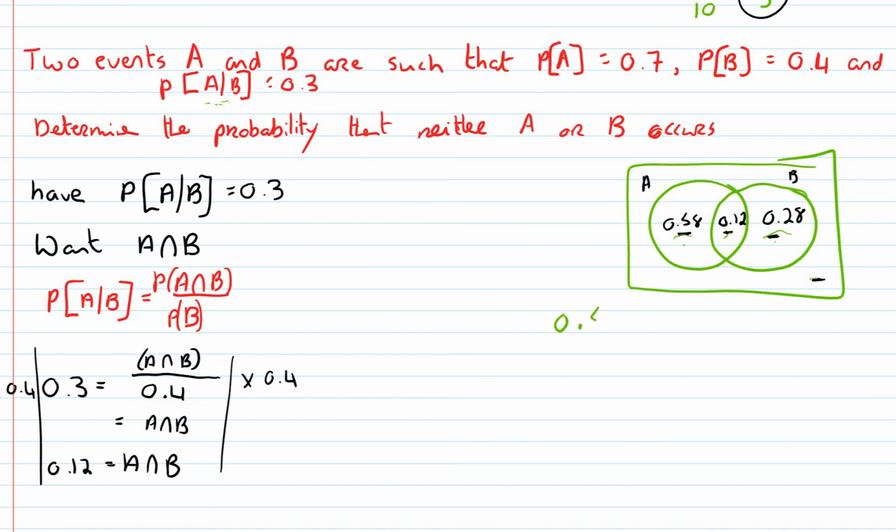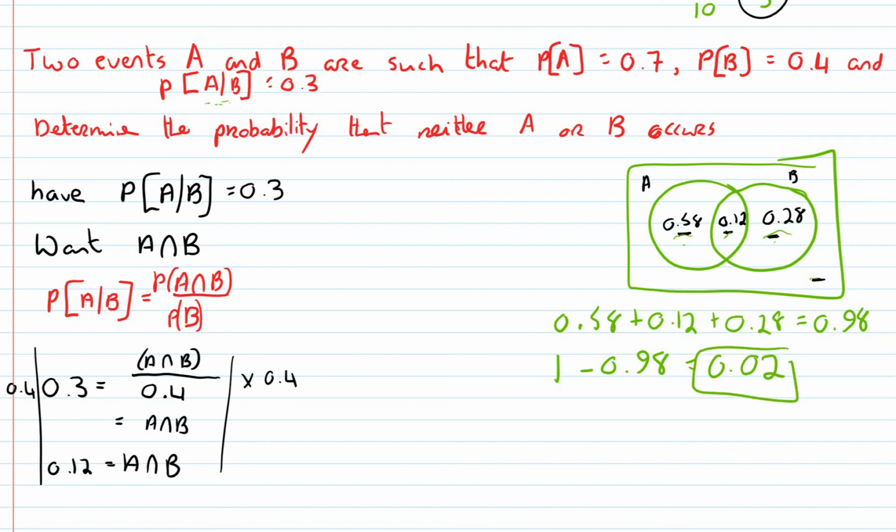So 0.58 plus 0.12 plus 0.28 equals 0.98. So it's almost 1. So 1 minus 0.98 equals 0.02. They don't tell us what event it is, but I know that if I put my hand in here, the chances of picking something that's not included in A and B is 0.02.